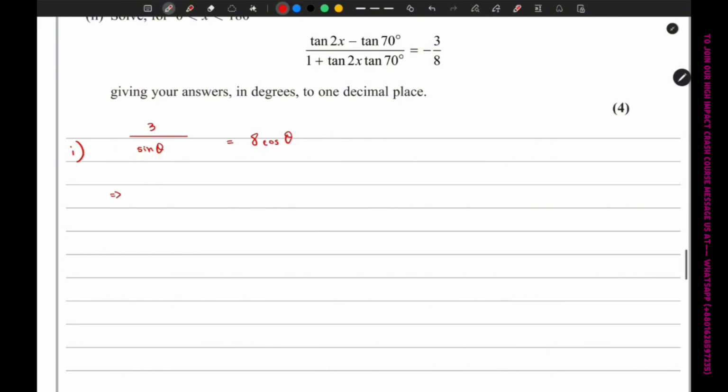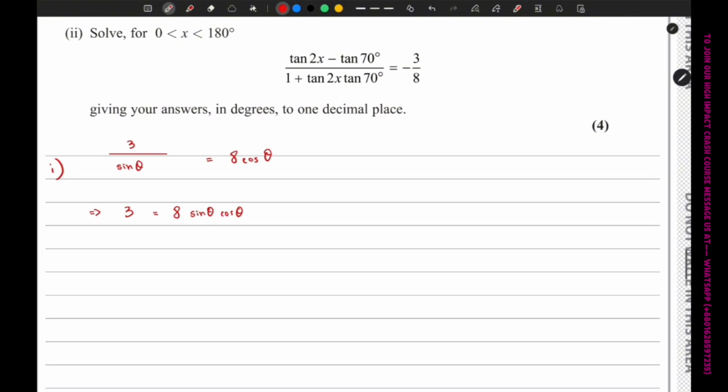If we bring the sine theta to the right hand side of the equation, this becomes 8 sine theta cos theta. And from a trigonometric identity we know that 2 sine theta cos theta is equal to sine of 2 theta.